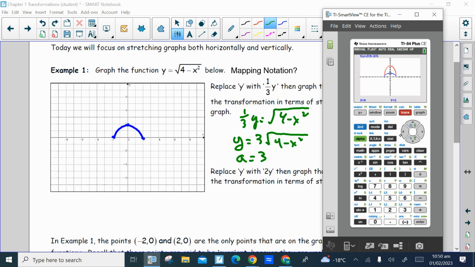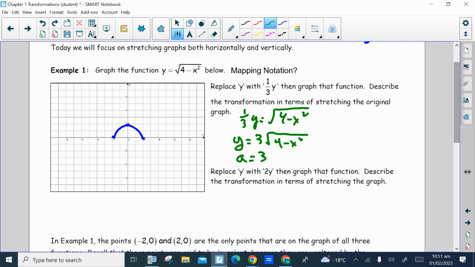I want to be on y2, so I'll hit either my up or down arrow key, and it switches to the next equation. And you can see that the new y-intercept is at +6. The x-intercepts are invariant, but the y-intercept is now at +6. So there's what our new graph looks like.